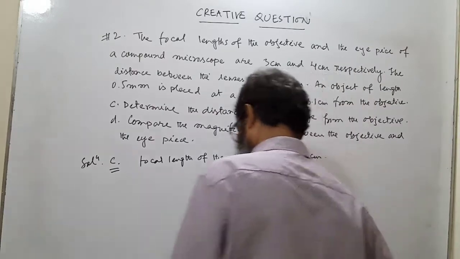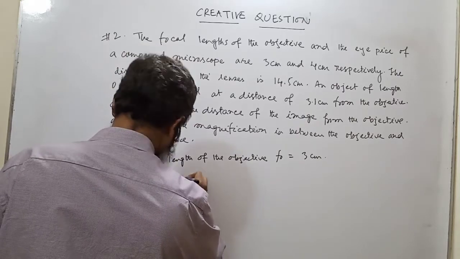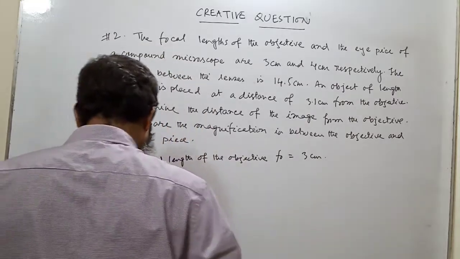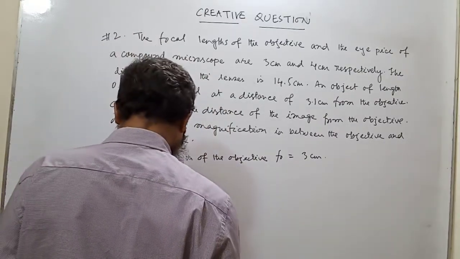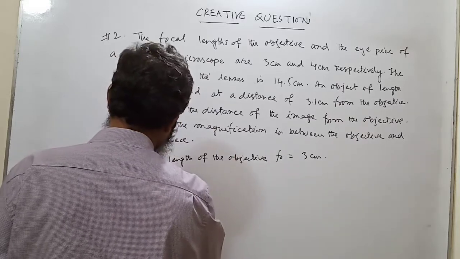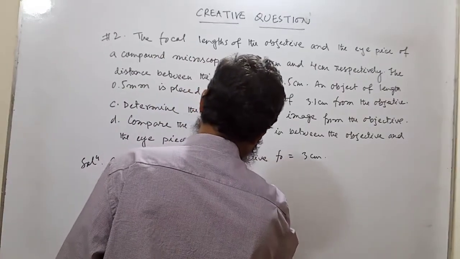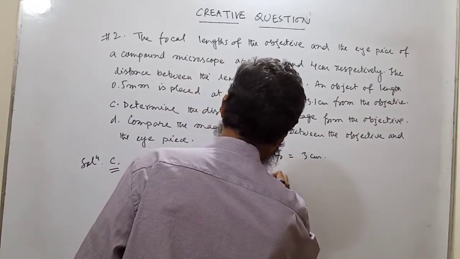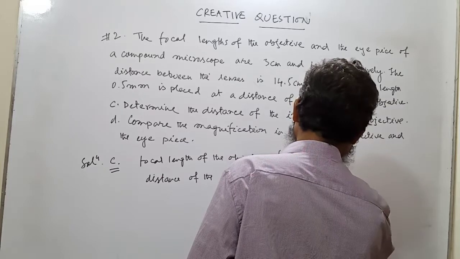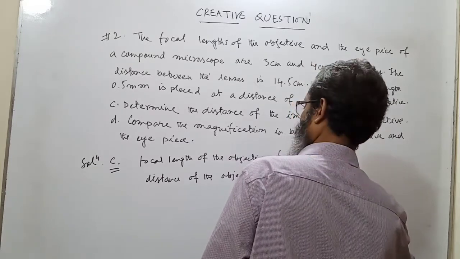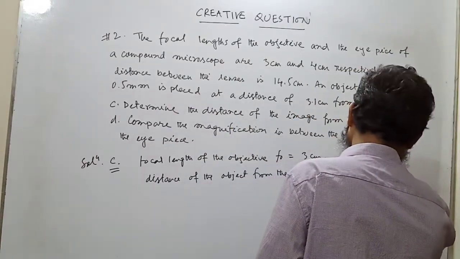The distance of the object from the objective, that is u naught, is equal to 3.1 centimeter.